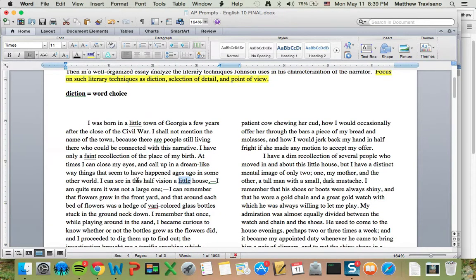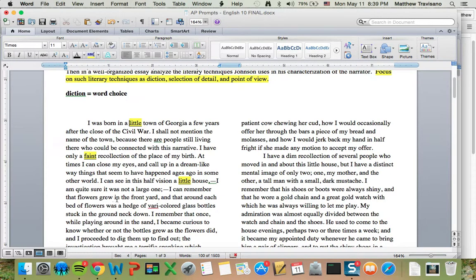So we're noticing right away, not automatically, but right away, that he's using language here that implies either smallness, sort of weakness. Faint, something that's faint, it's not strong. So he seems to have a somewhat maybe less than positive view of where he grew up. He seems to diminish where he grows up.